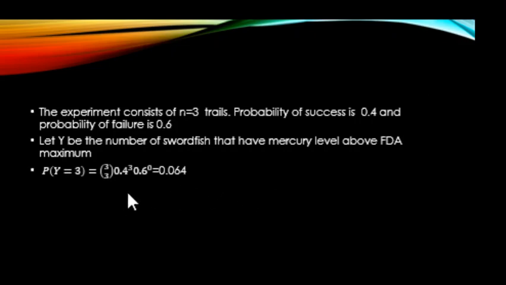Then 0.4 raised to y, and 0.6 raised to n minus y, which is 0. So 0.064 is the probability. Based on the example we saw before, there is only one combination in which all three are successes. That's why 3 choose 3 in this case is 1.